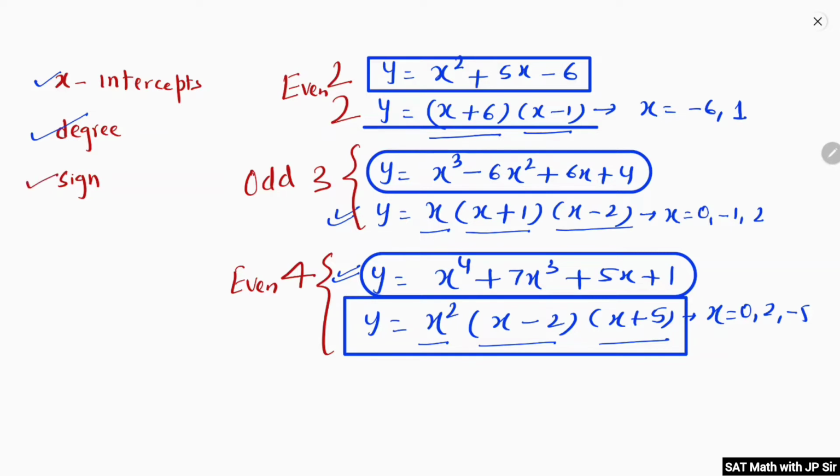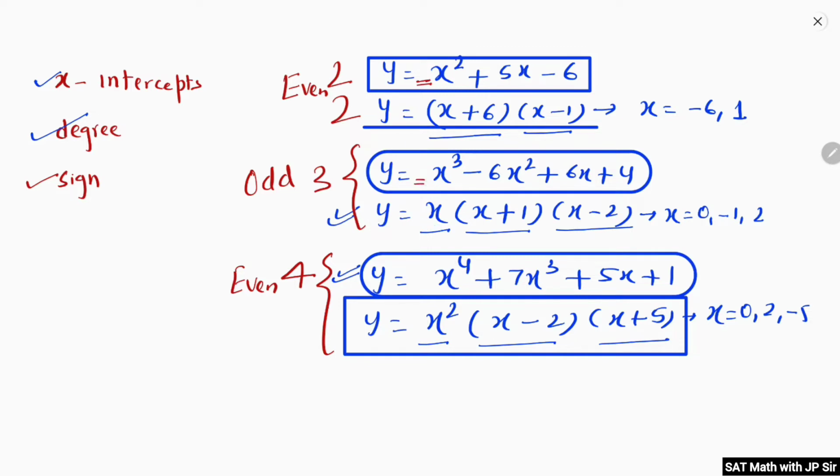The third thing is sign. Sign means the sign in front of the term that contains the largest power. For example, here you can see it is a positive sign. So all these equations have positive sign.